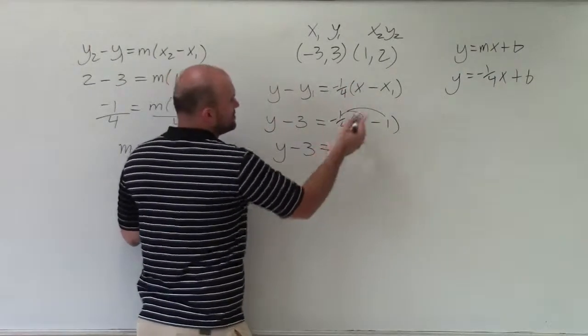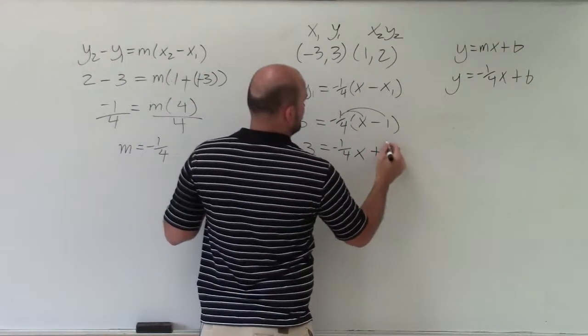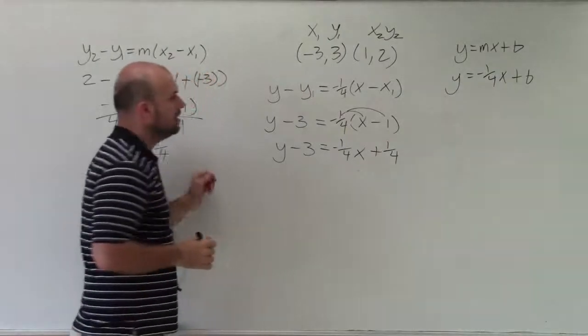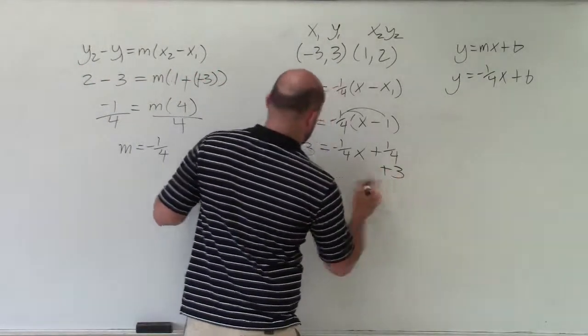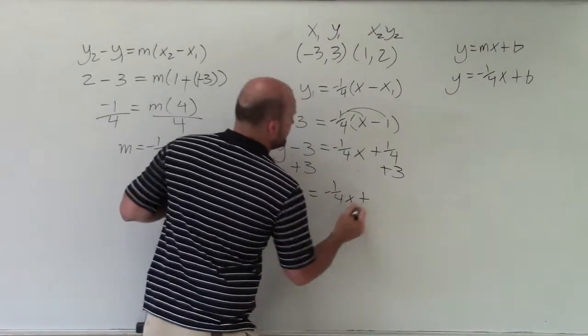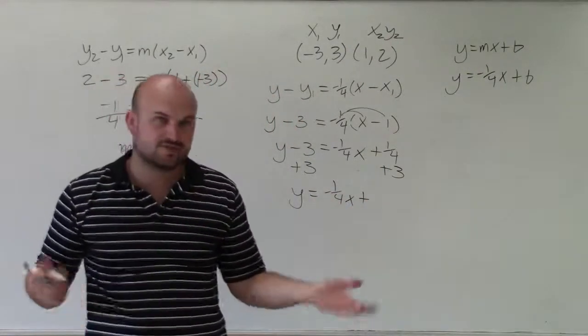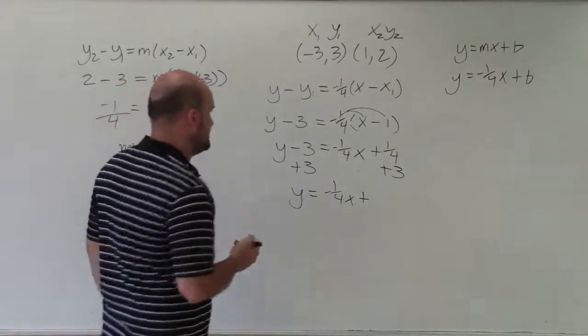OK, so now I distribute. So I have -1/4 x plus 1/4. And then I just add the 3 to the other side. So I have y equals -1/4 x plus 3 and 1/4, which could be 13/4.